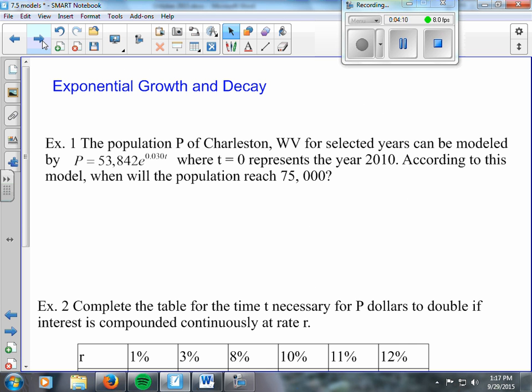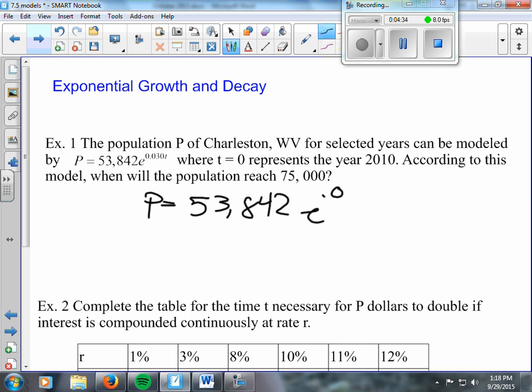So here I have a population that I am saying is growing exponentially. In this population, t equals 0 represents the year 2010. And the question says, when will the population reach 75,000? So in a lot of these word problems, you're given the model. My model is population is 53,842 e to the 0.030 t.